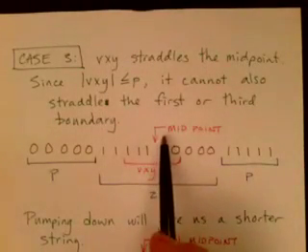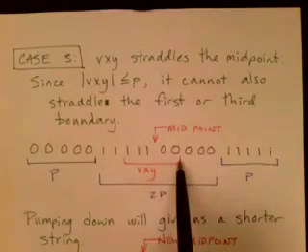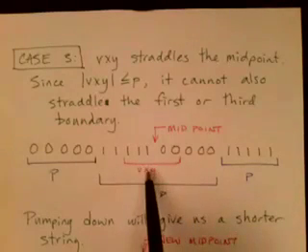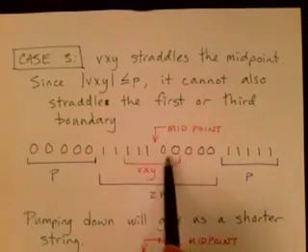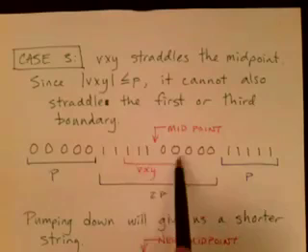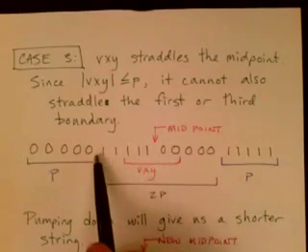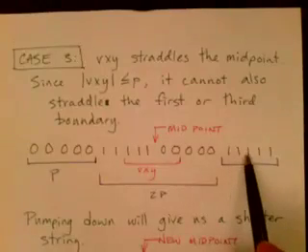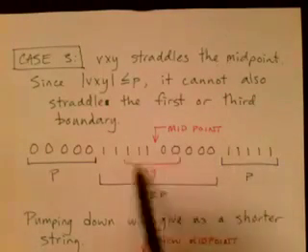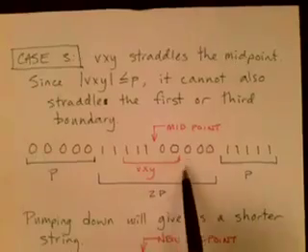Because of the restriction of the third condition on the length of Vxy, we know that if Vxy straddles the midpoint, it can't also get into the first section of zeros or the last section of ones. It has to be somewhere in here.